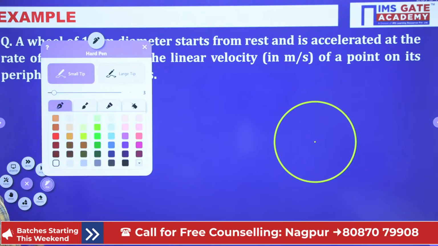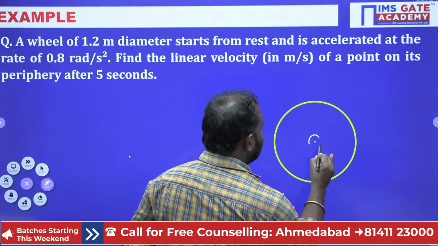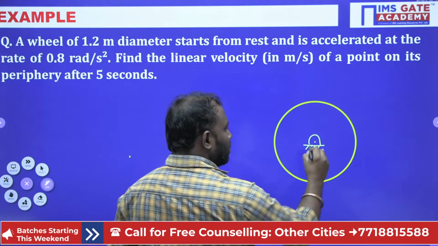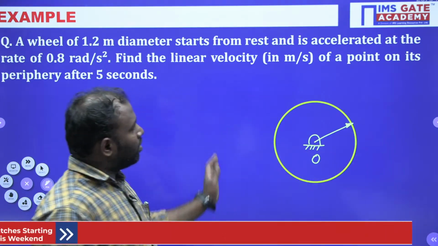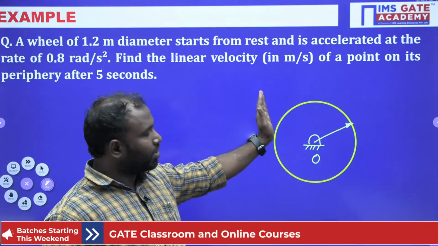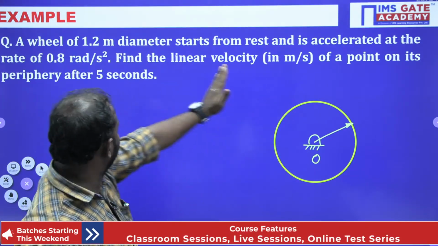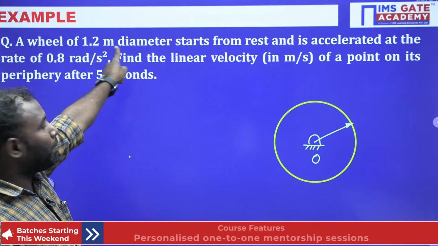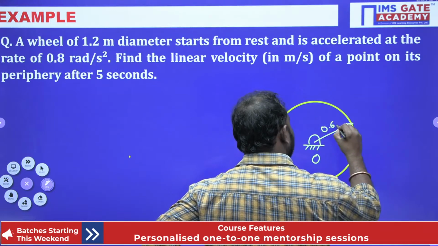It is hinged at the center, say O, and it is going to start from rest and rotate with the given angular acceleration. The wheel diameter is given as 1.2 meters, so my radius is 0.6 meter, isn't it, guys?